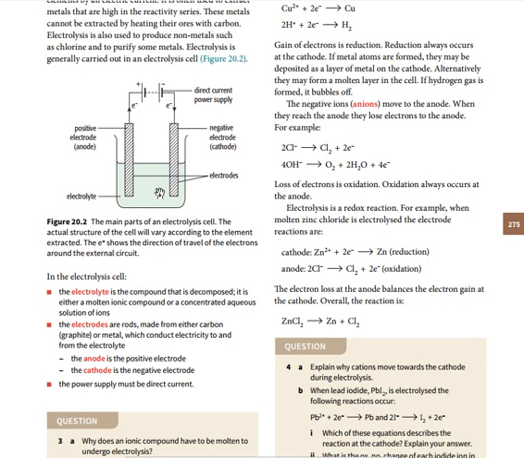Aqueous hydrochloric acid is going to be made up of hydrogen ion, chloride ion, and hydroxide ion. The hydrogen ion is coming from both water and hydrochloric acid, the hydroxide ion is only coming from water, and the chloride ion is coming from hydrochloric acid. So now these are the different ions present in the solution.